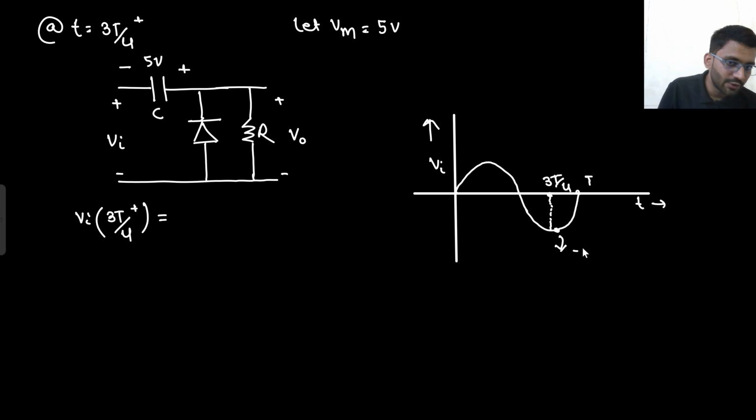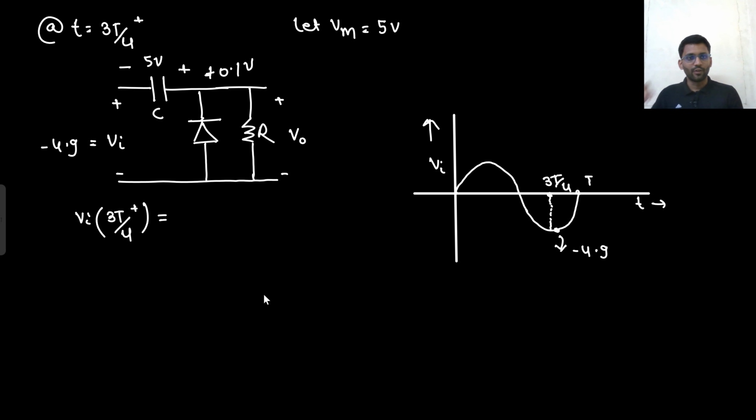If this was minus 5, this could be minus 4.9. Let's assume this is minus 4.9. So if here it is minus 4.9, what will happen? Minus 4.9 plus 5, that means here what you will get? Plus 0.1. And if you are getting plus 0.1 here, that means now your diode will be turned off.